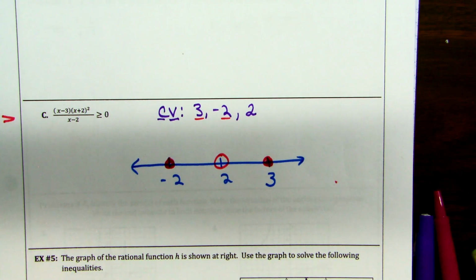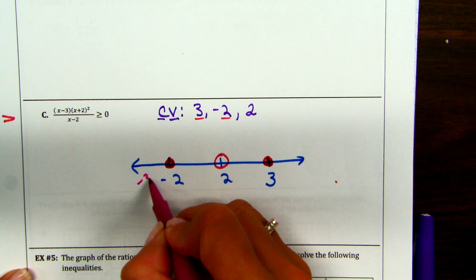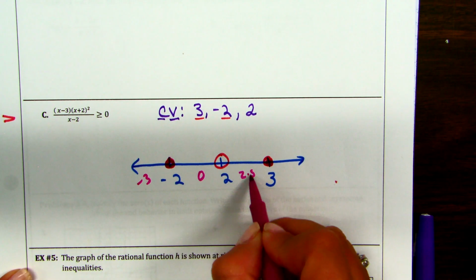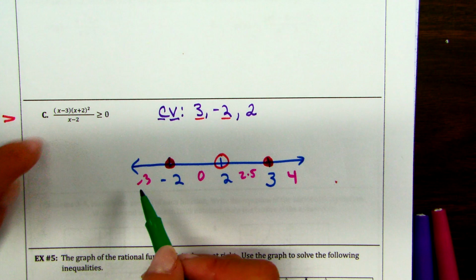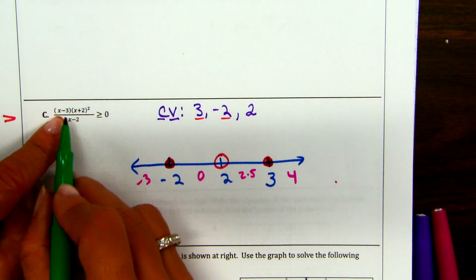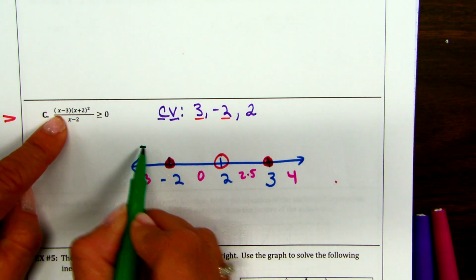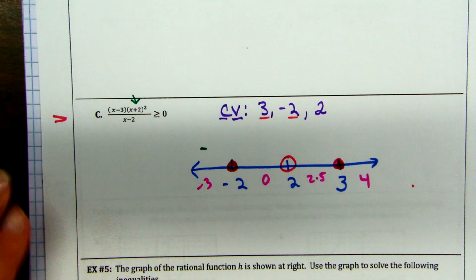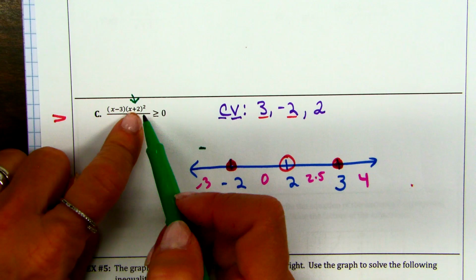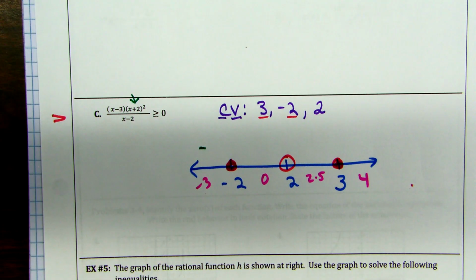All right, let's pick some numbers. -3, 0, yucky. Now, so here's where we get annoyed, right? This is annoying. But let me tell you something. When I plug a -3 into that first parentheses, I get a negative. No matter what I plug into this factor, it's always going to be positive. When you square a positive number, you get a positive answer.